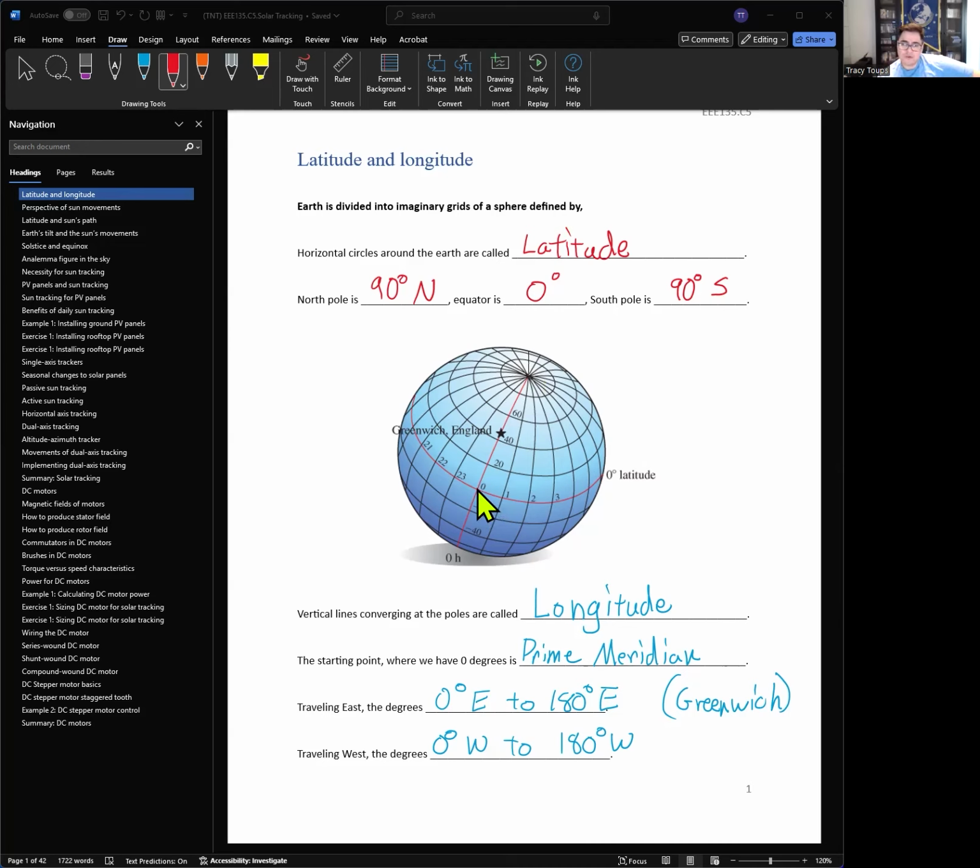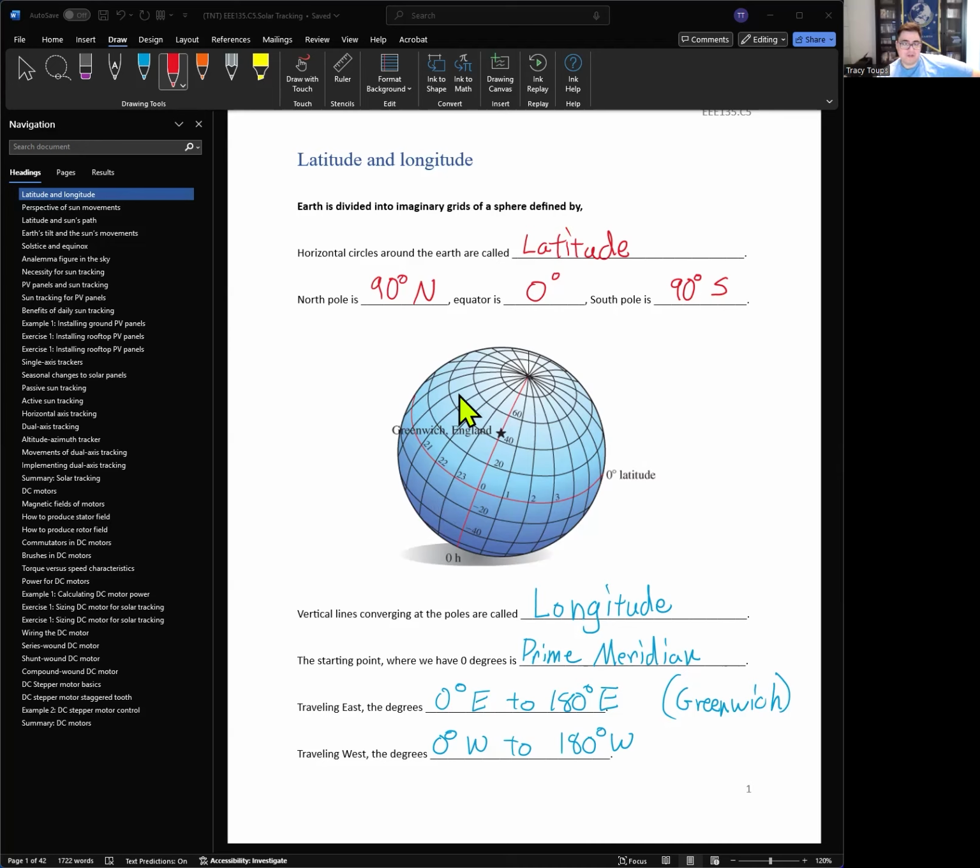We can also go west, from 0 to 180 degrees. So think of traveling around the equator of the Earth. We could go east or west, from 0 degrees to 45 to 90, all the way to 180 degrees on the opposite end. Then going from 180 degrees back to 0 degrees, we just mark it as east instead of west, or west instead of east.